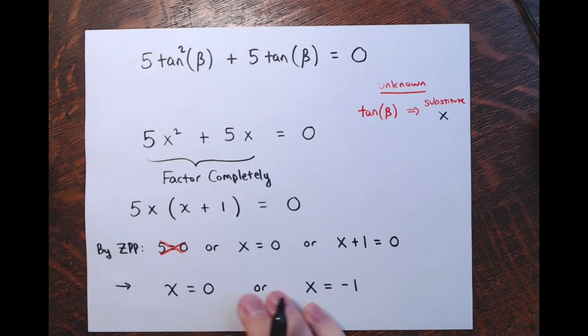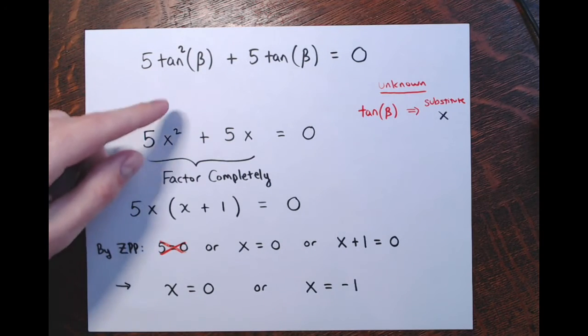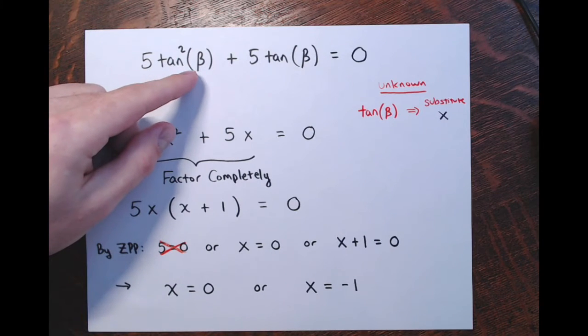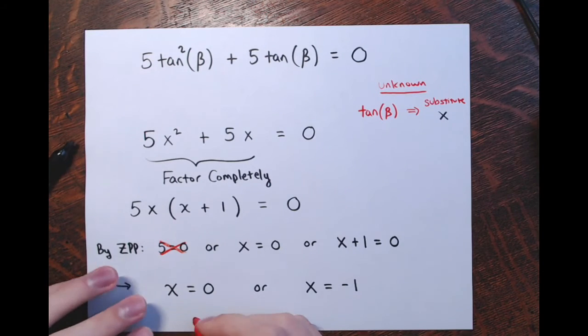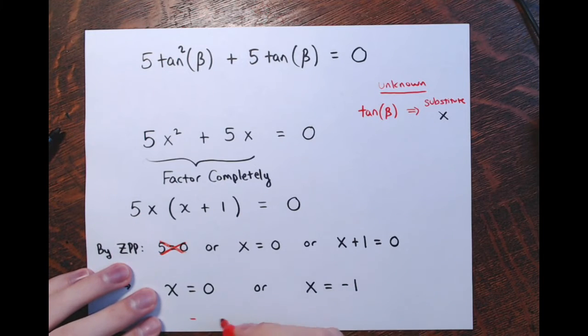But this isn't what I want. This is just one step in the process. My original equation is in terms of beta, and I'm trying to solve for beta, not x. So now that I've solved for my substitution variable, we need to substitute back and solve for my original variable, beta.